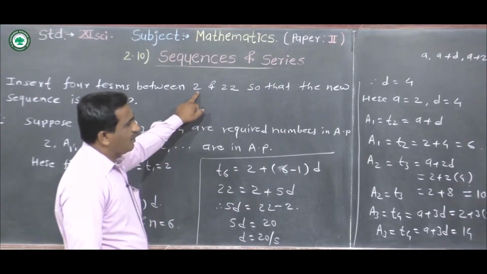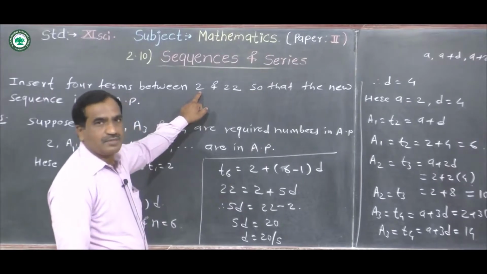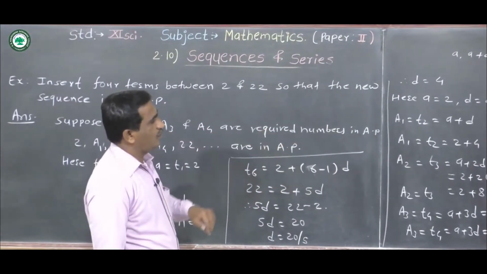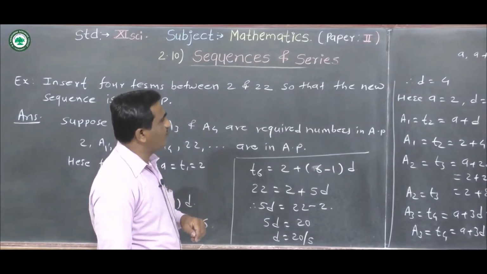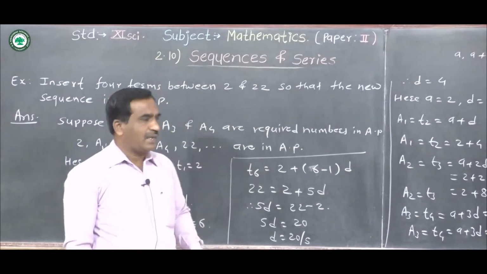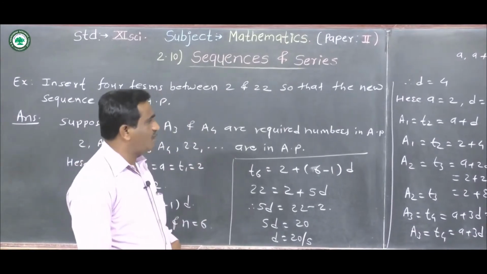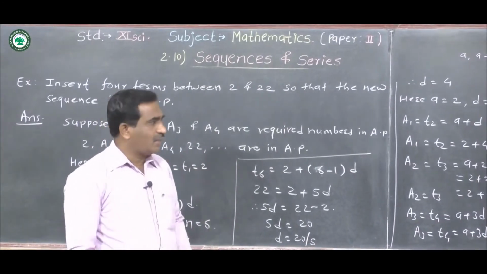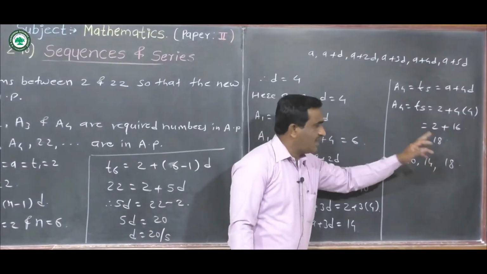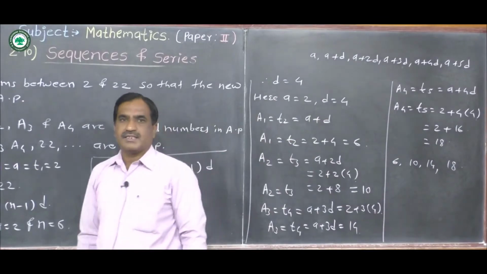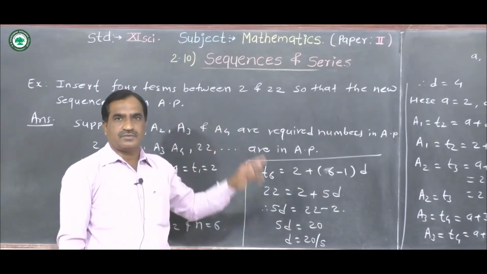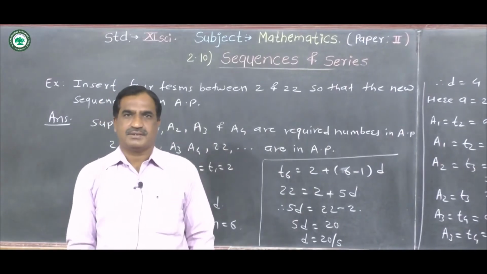We can find the common difference using two consecutive terms: 6 minus 2 equal to 4, 10 minus 6 is equal to 4. The common difference is 4 and the first term is a equal to 2. These are the required numbers 6, 10, 14 and 18, which are inserted between 2 and 22. Okay, we stop here. Thank you.